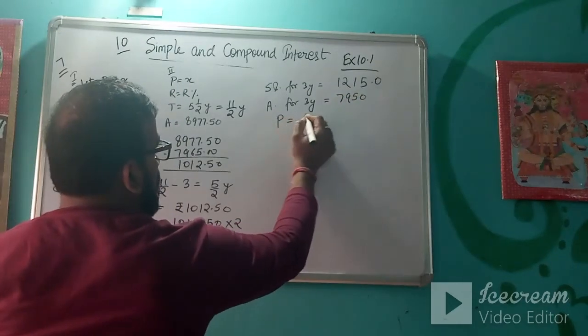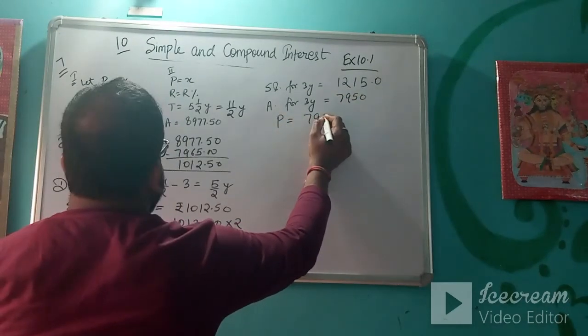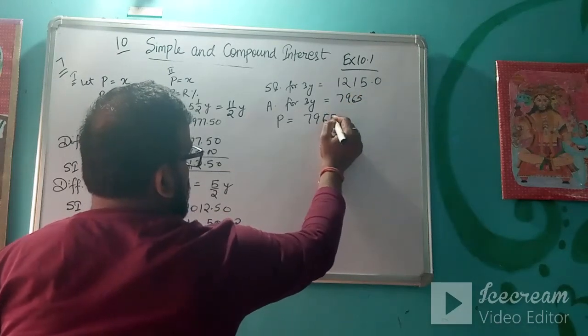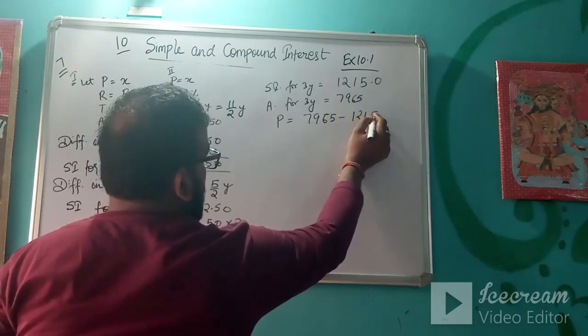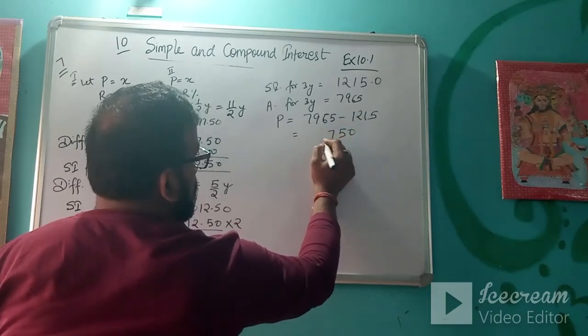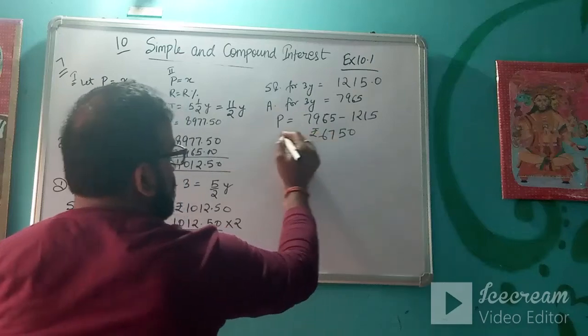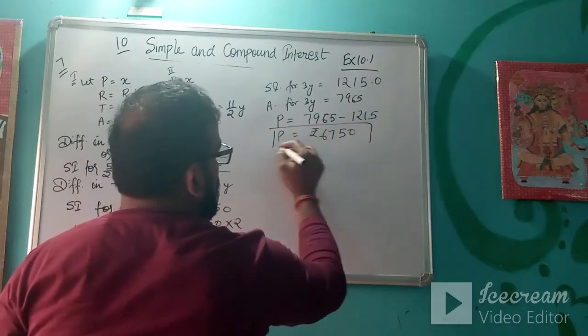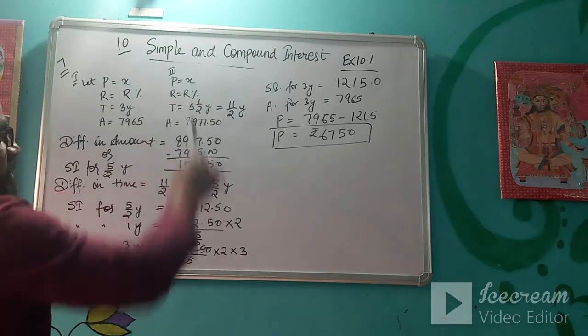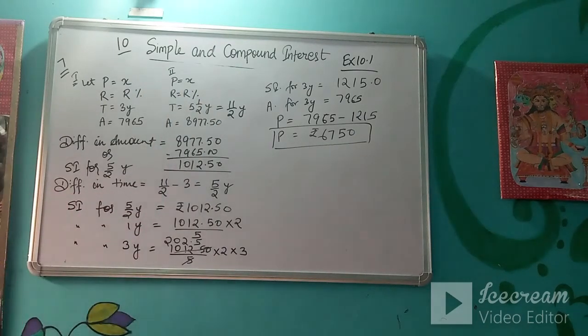So what is the principal? Principal will be 7965 minus 1215. So this is the principal at which he is investing for the two parts.